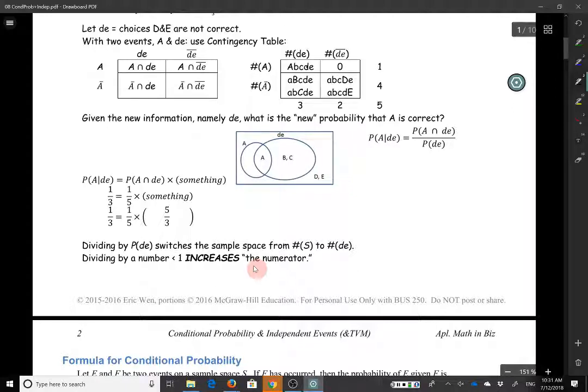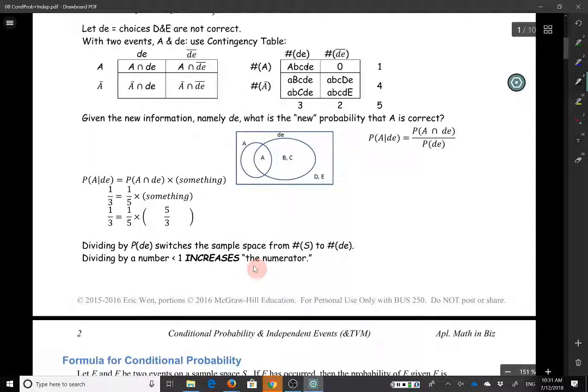And so the new possibility has to be where A is true and the new event has got to be true. So the possible cases are here, and that could help you remember the formula.